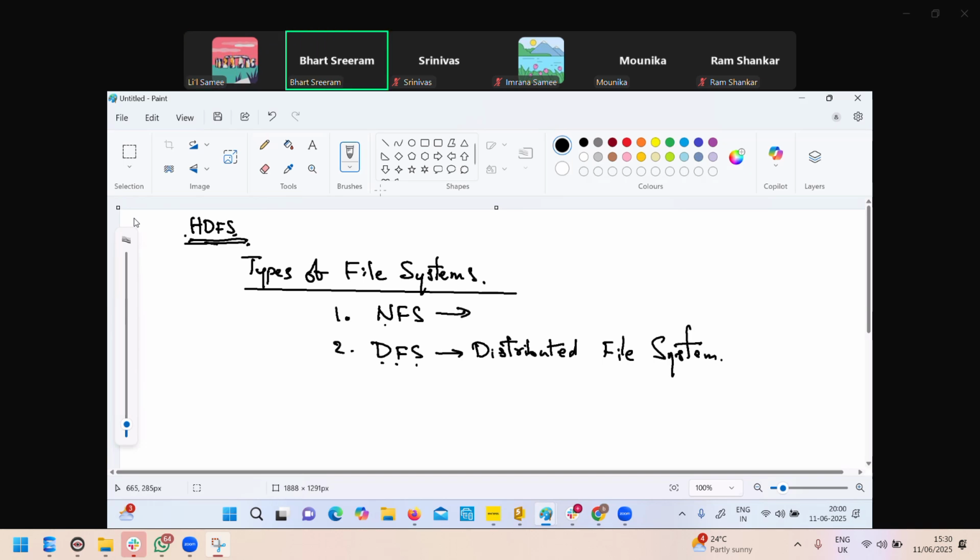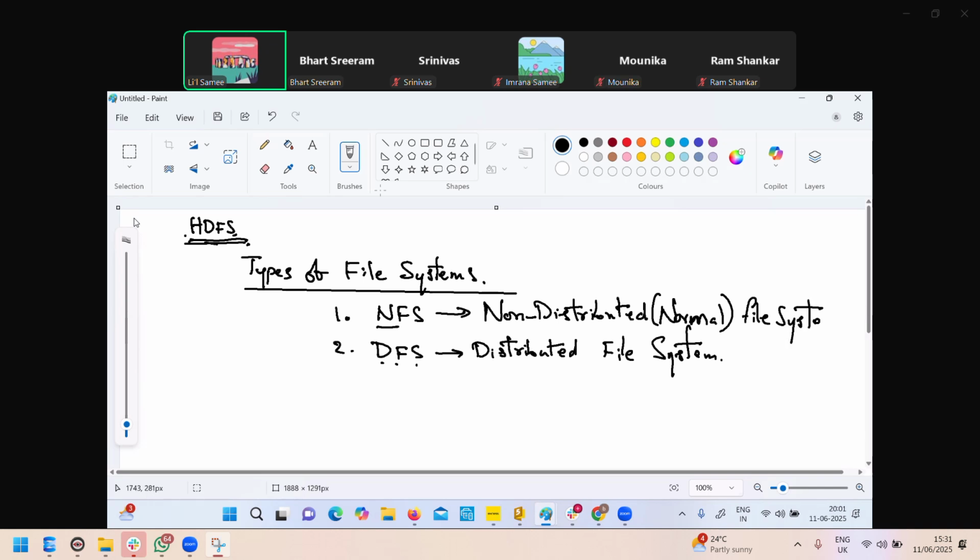NFS is the normal, non-distributed file system. These are just outlines; a deeper discussion will come in tomorrow's video because my time is up.